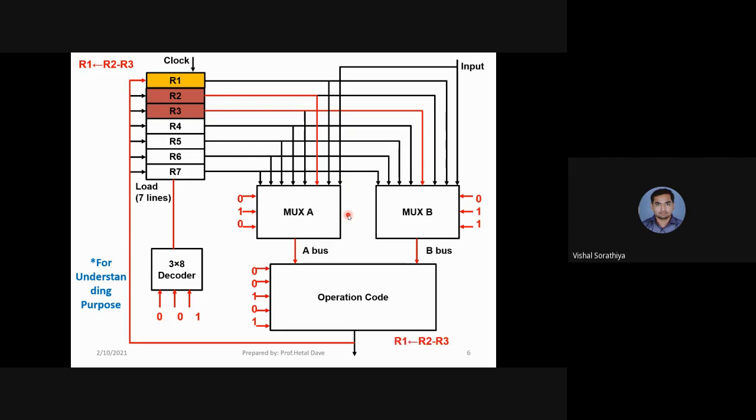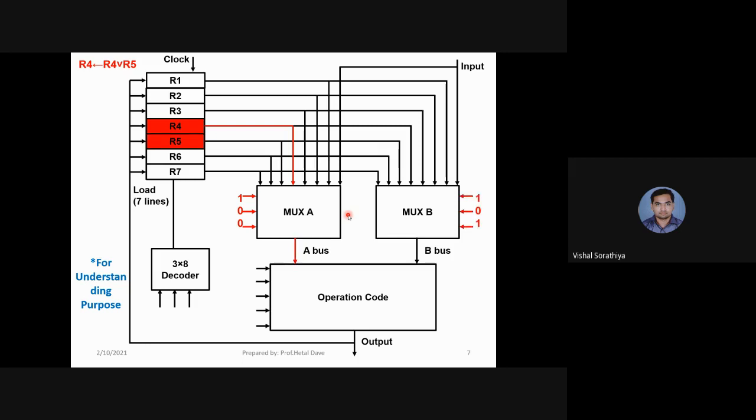Here we have R1, R2. If we have R4 and R5 and you need to do a logical operation and the data should come to R4, what is the process for that? 1, 0, 0: R4 is selected and comes into the first mux.